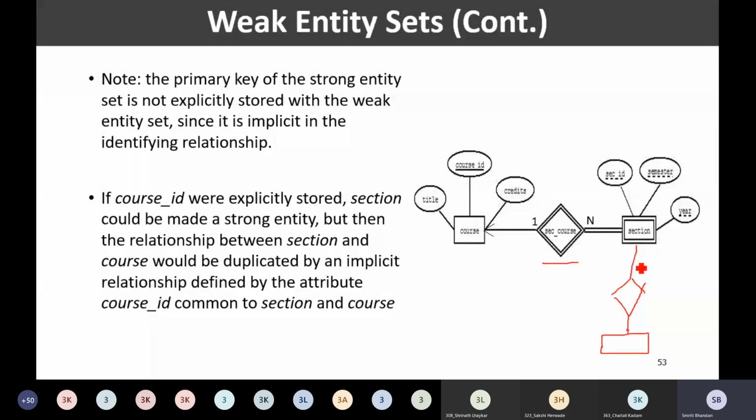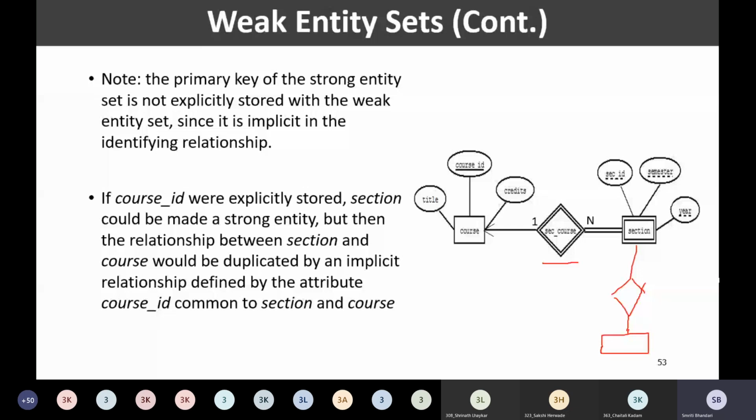So it is possible that this weak entity set is participating in a few more relationships, right, other than this identifying relationship set. Have you understood? Yes.